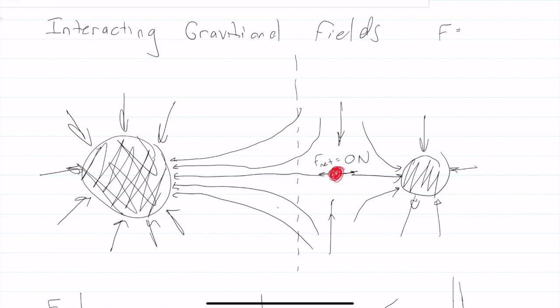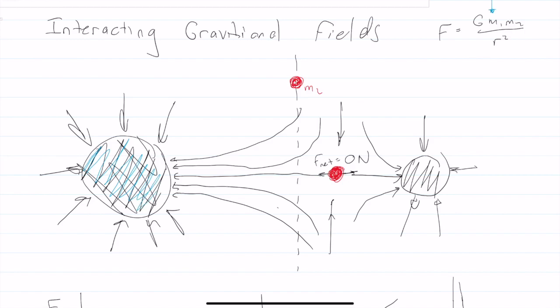F equals G m1 m2 over r squared. If we have some mass m2 right in the middle, the bigger planet is obviously going to have a bigger mass.